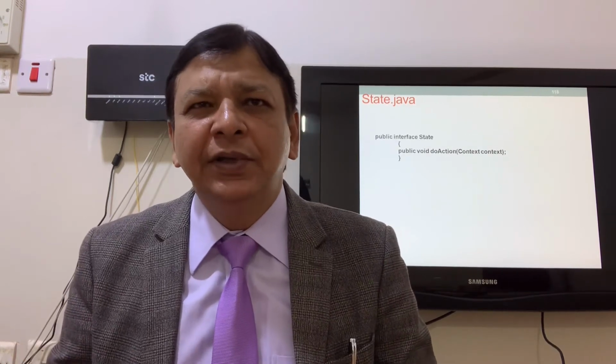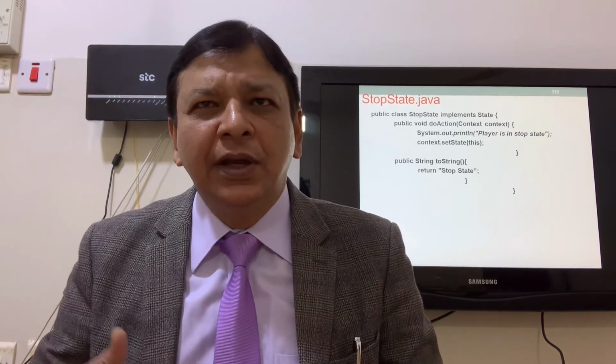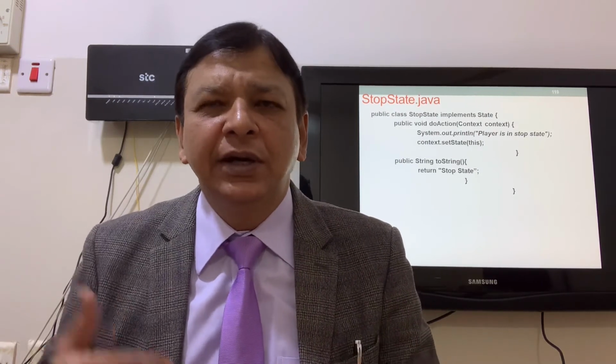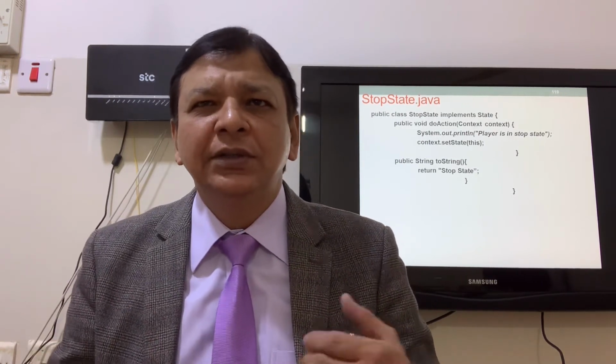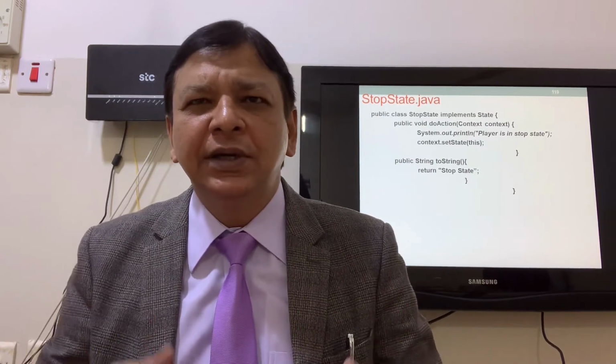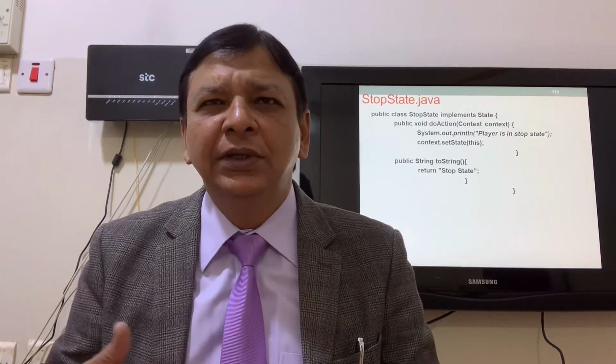State.java, our interface: public interface State, public void doAction(Context context). StopState.java: public class StopState implements State, public void doAction, override from the State interface, Context context, System.out.print "Player is in stop state", context.setState(this). Public String toString, return "Stop State", close the method, close the class.